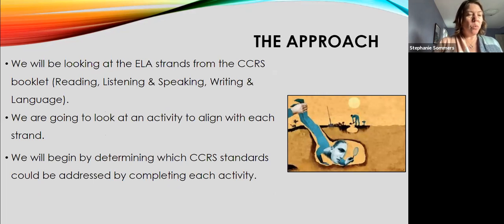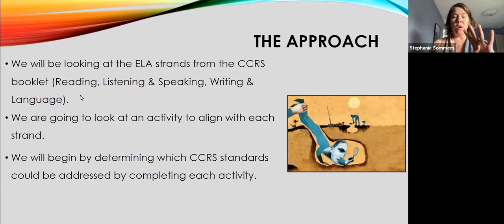Okay, so we are going to have a few different approaches today. We'll be looking at the ELA strands from the CCRS booklet. And just to remind you, the ELA strands are reading, listening and speaking, writing, and language.